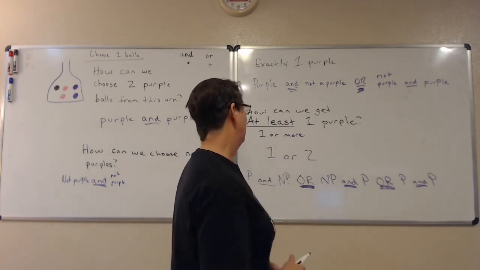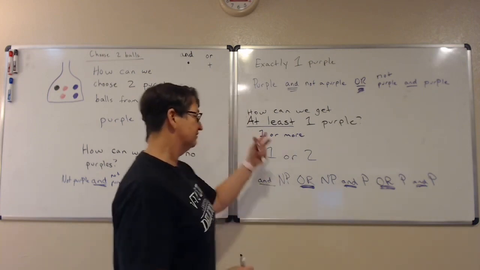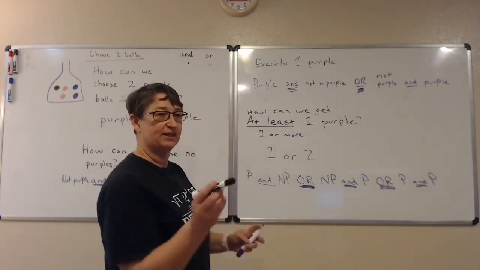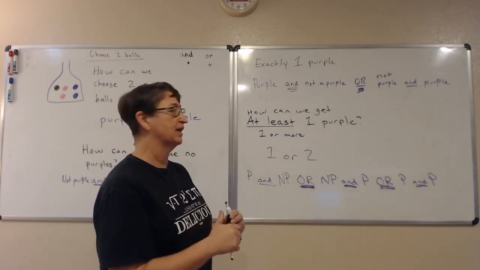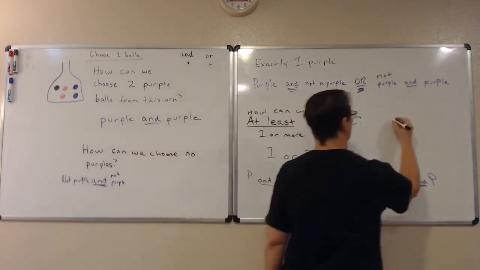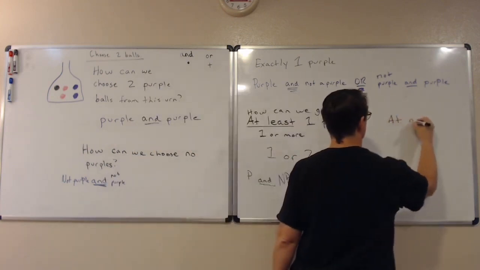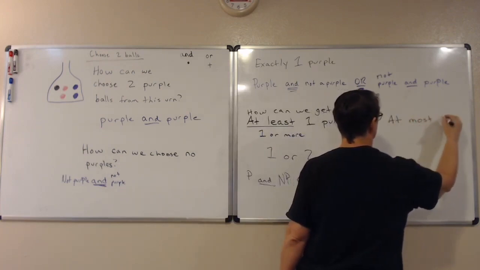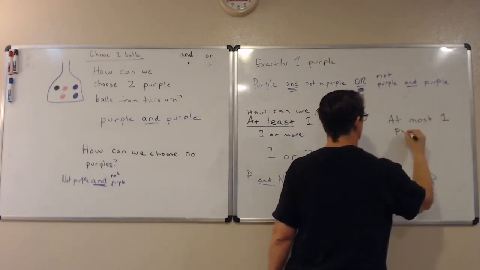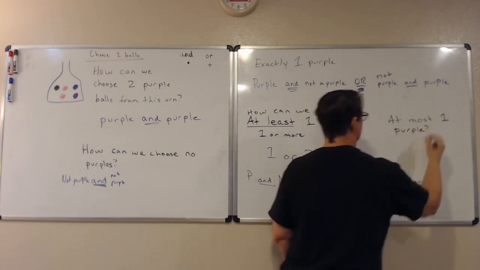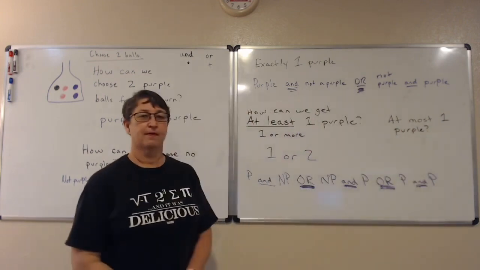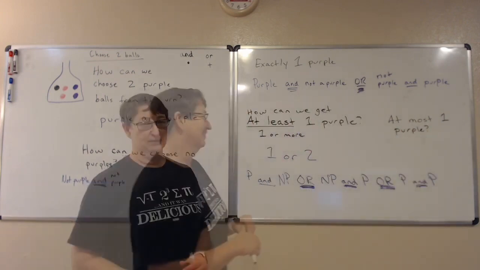Okay. All right. So there it is, nice, at least. Well, what if I did this? Let's take that same thing, and now let me ask you, what about at most? What in the world does that mean?